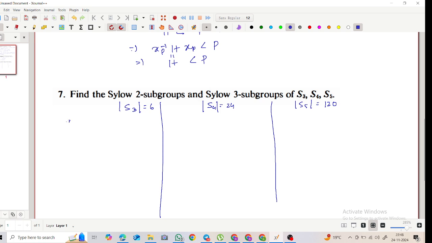So these are groups of order 2, no? Here are groups of order 8, and there it is also 2, 3, 8, 3.